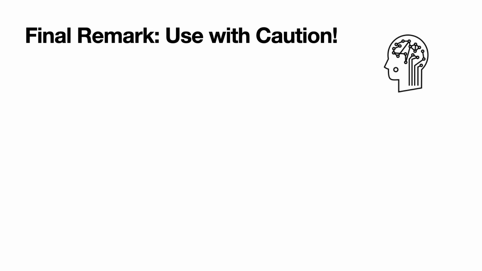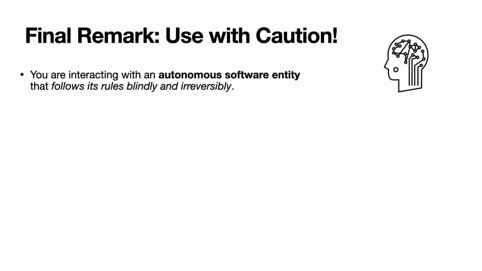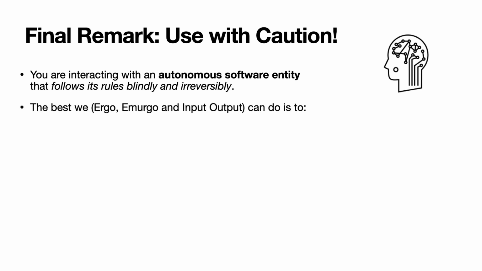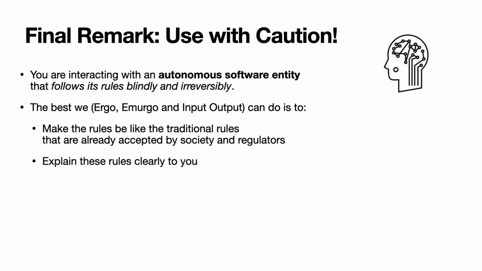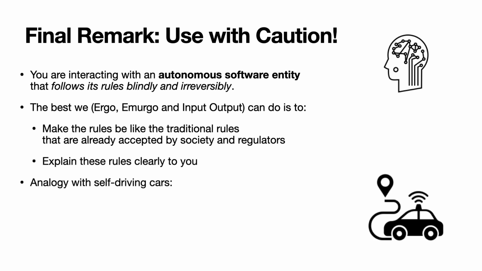And finally, a final remark, you should use and interact with this contract with caution, right? You should keep in mind that you are interacting with an autonomous software entity that follows its rules blindly and irreversibly. The best we can do is to make the rules be like the traditional rules that are already accepted by society and regulators, and explain these rules clearly to you.